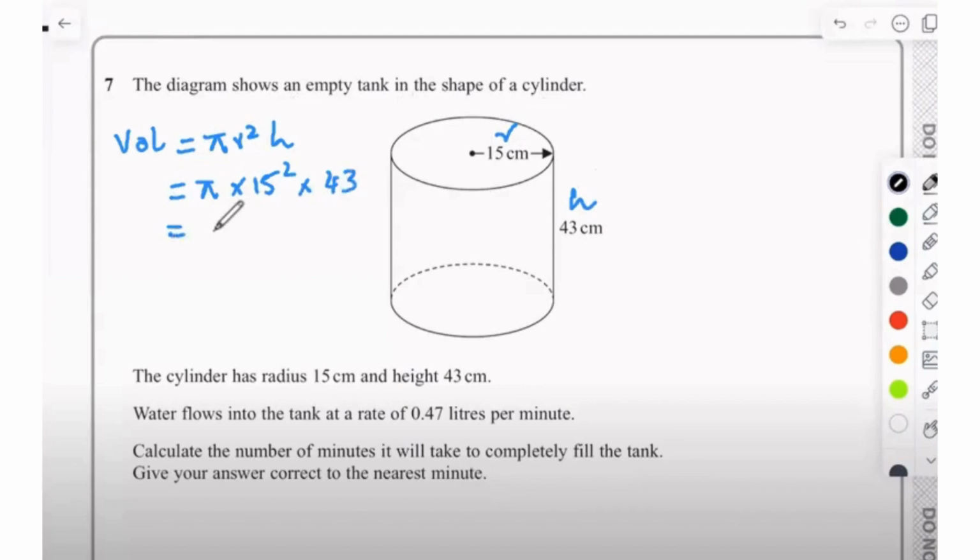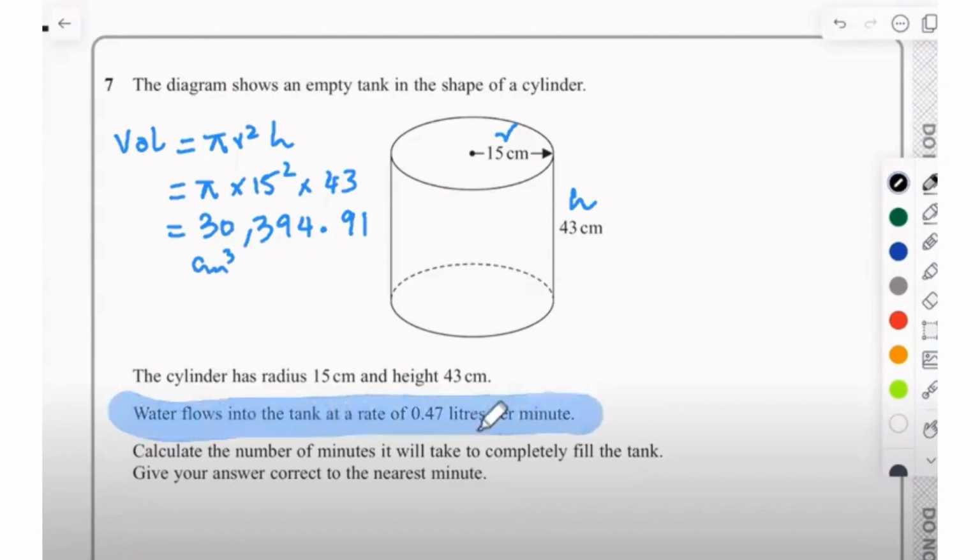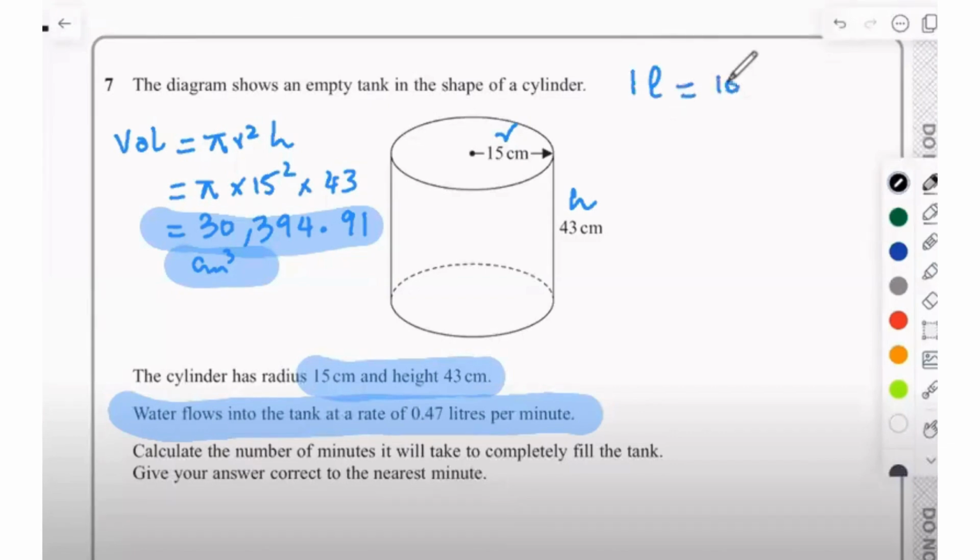Now this will equal 30,394.91 centimeters cubed. As you can see, the question says water flows into the tank at a rate of 0.47 liters per minute, and we have the measurements in centimeters. Our volume is in centimeters cubed, so we need to convert the volume from centimeters cubed to liters. 1 liter equals 1000 centimeters cubed.